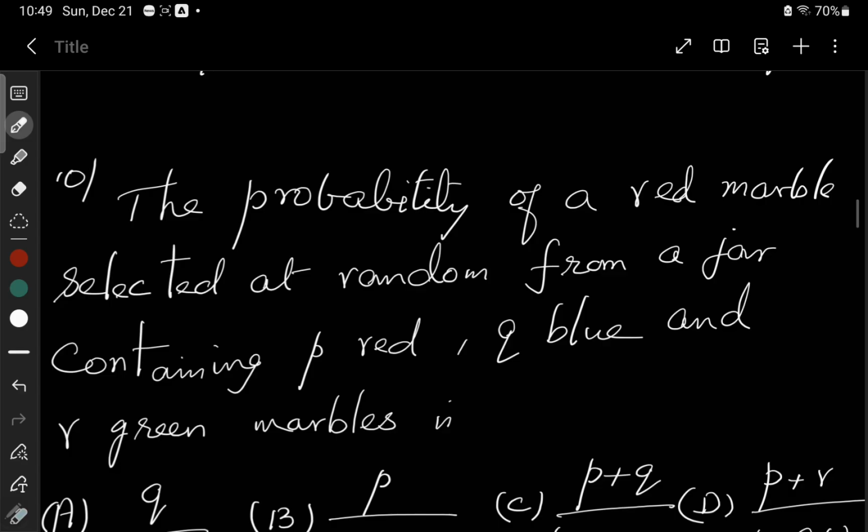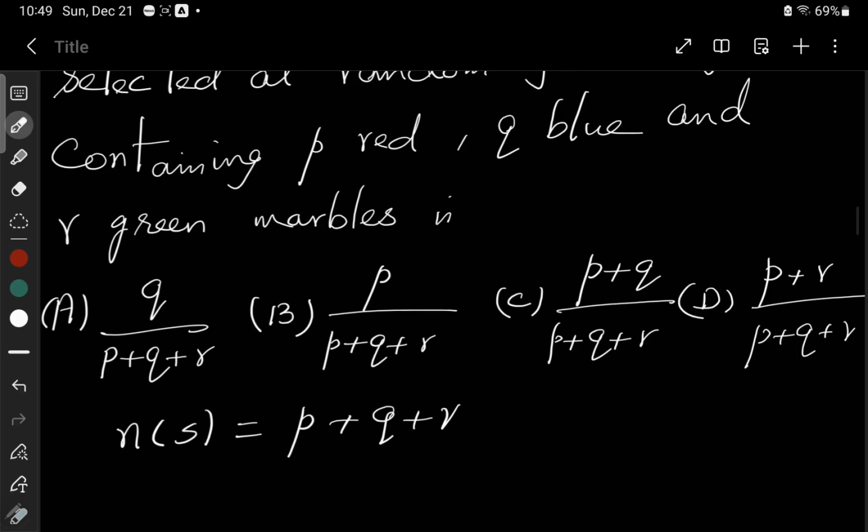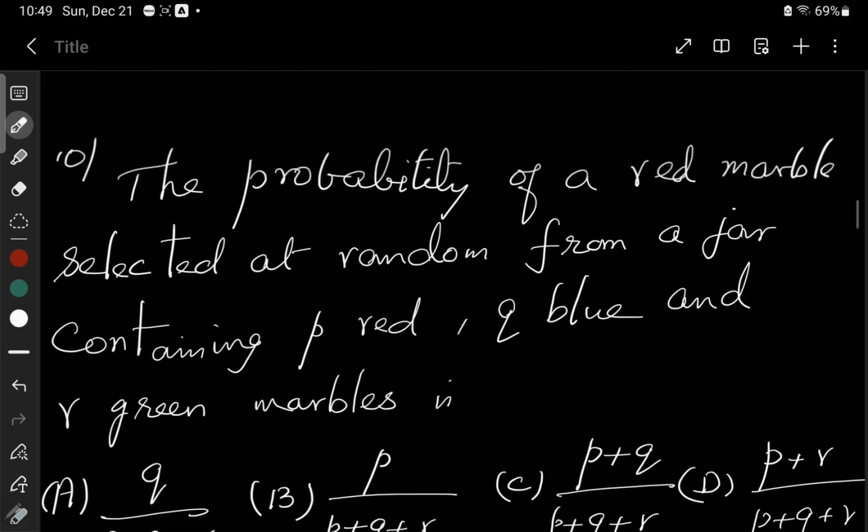The probability of a red marble selected at random from a jar containing P red, Q blue and R green marbles. So in N of S, the number of marbles is P plus Q plus R. But here we have to find the probability of choosing the red marbles.